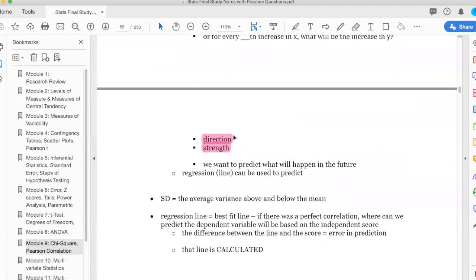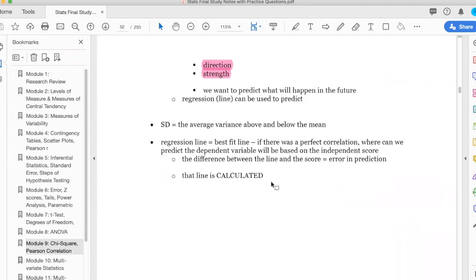It's just giving you the direction and the strength, okay? And again, it's a very similar picture in your head to those scatter plots we did, where you have a regression line and you can use that to predict what's going to happen in the future. So if people are really satisfied with their jobs, less of them are going to quit, right? That's the point of doing most of these studies.